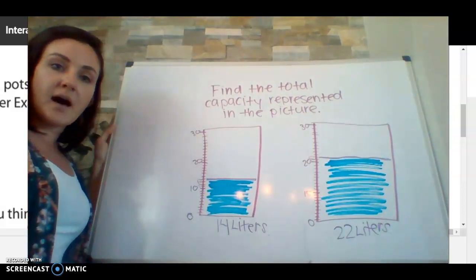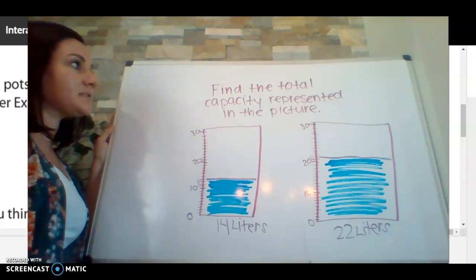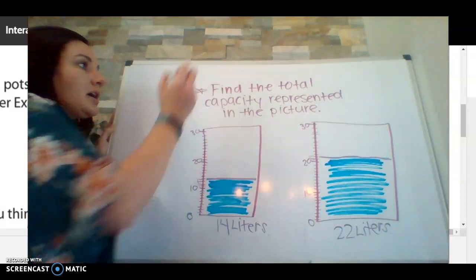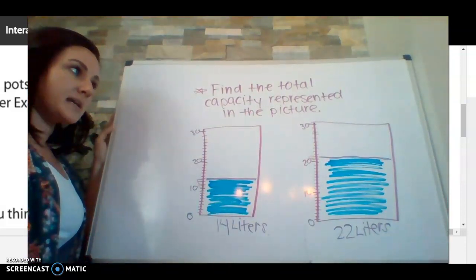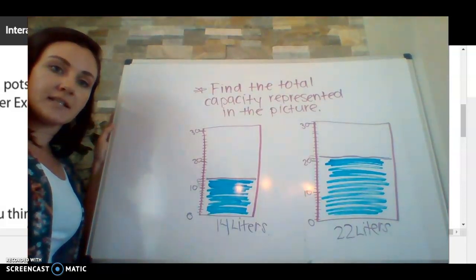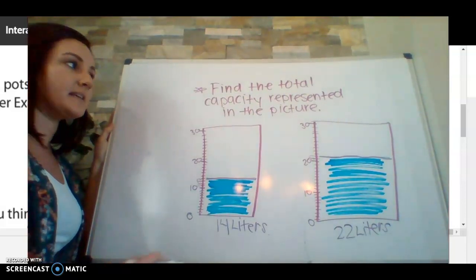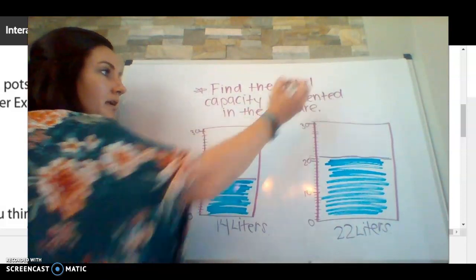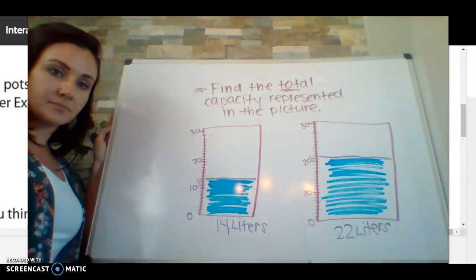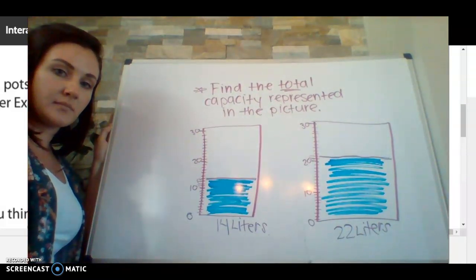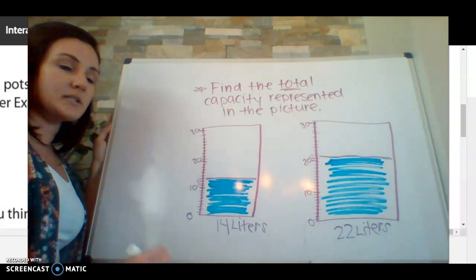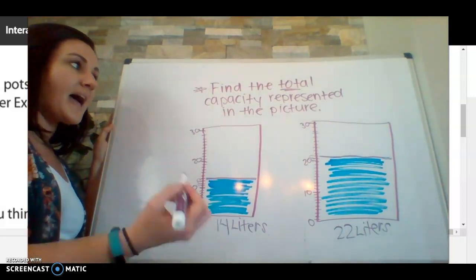All right, but we're not finished yet. They want us to find the total capacity represented in the picture. So think to yourself, how can you find the total represented here? All right, so what we are going to do is add.